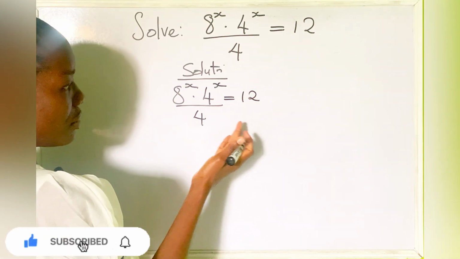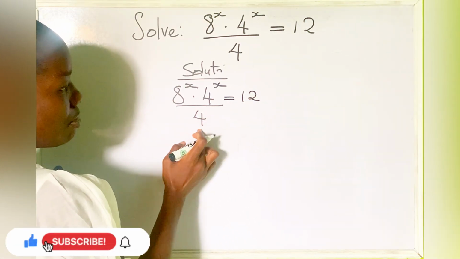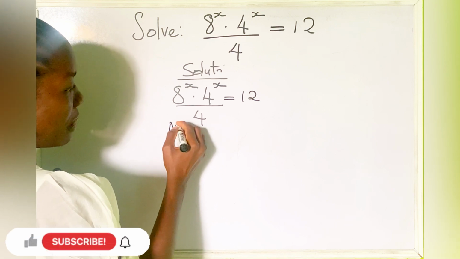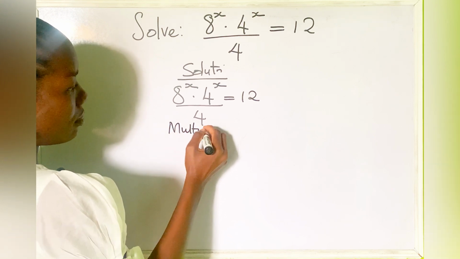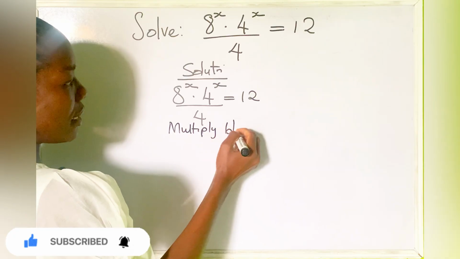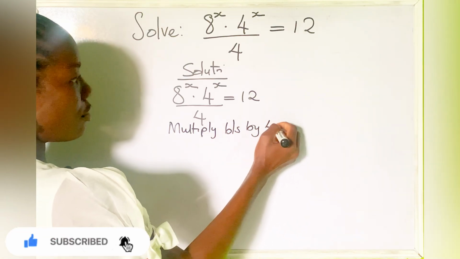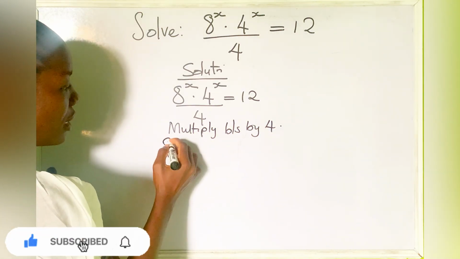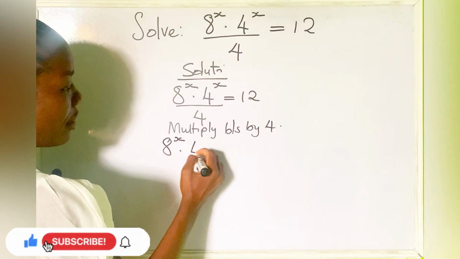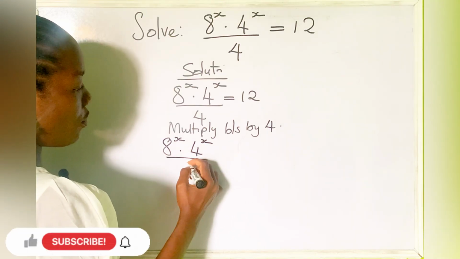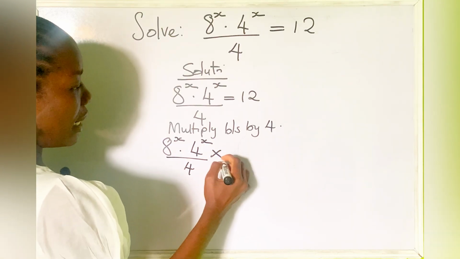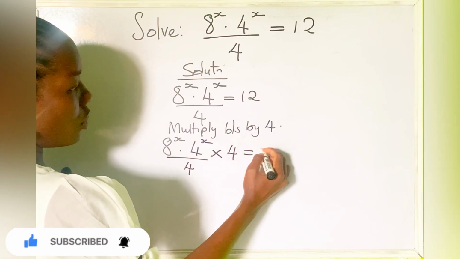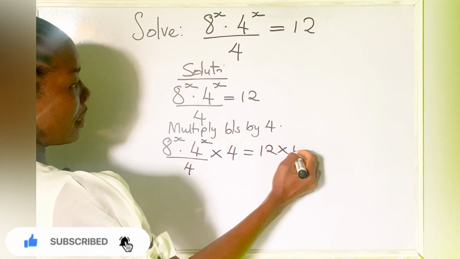So the first step here is to multiply both sides by 4. When we do that, we'll have 8 to the power of x multiplied by 4 to the power of x multiplied by 4 is equal to 12 multiplied by 4.